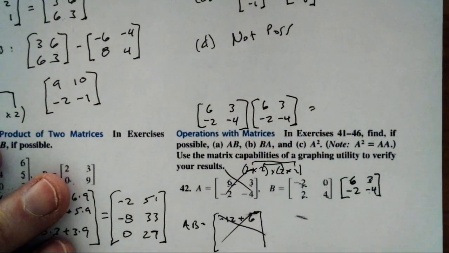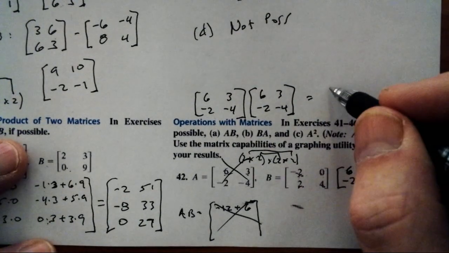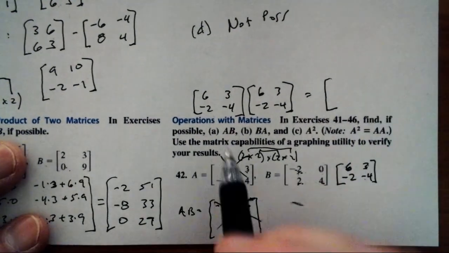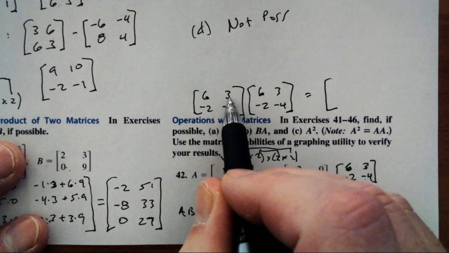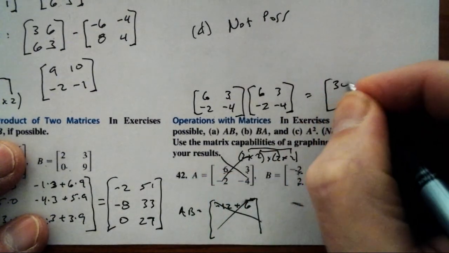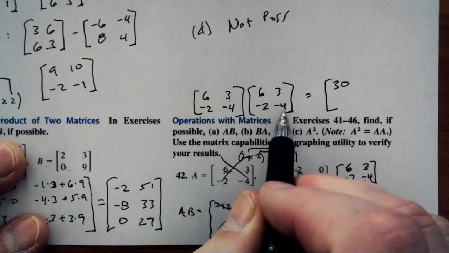I'd like you, if you would, please just pause this and go ahead and give this a try, and then start the video back up. We get row 1, column 1, 36 and minus 6. Row 1, column 2, 18 and minus 12.